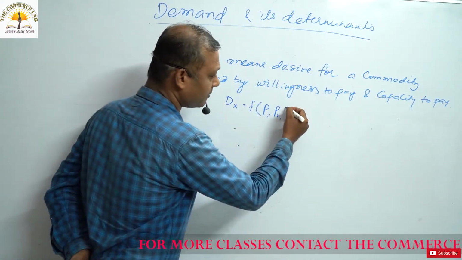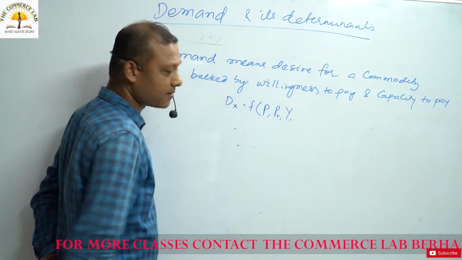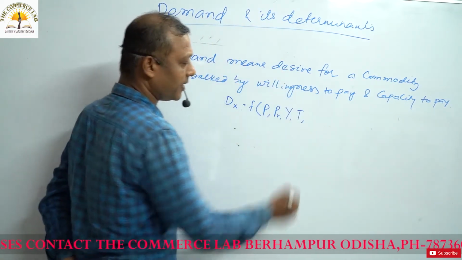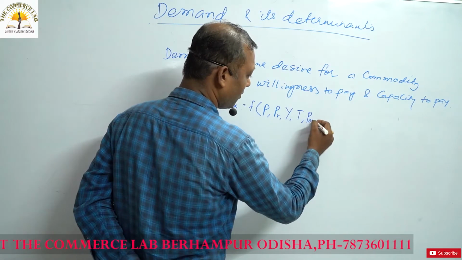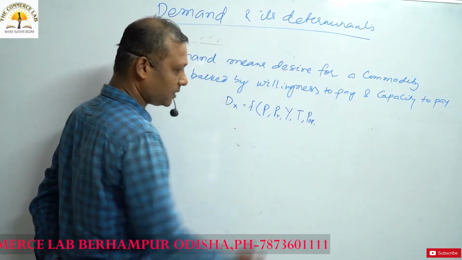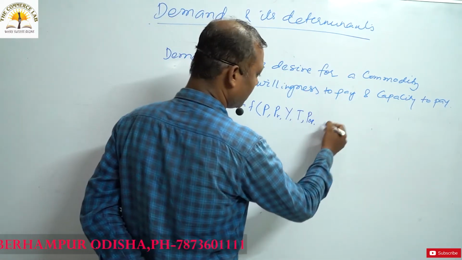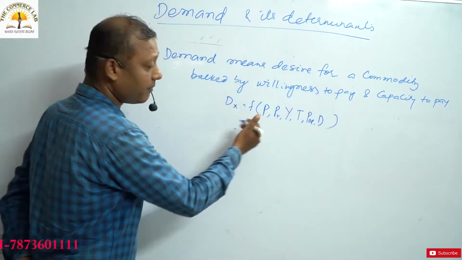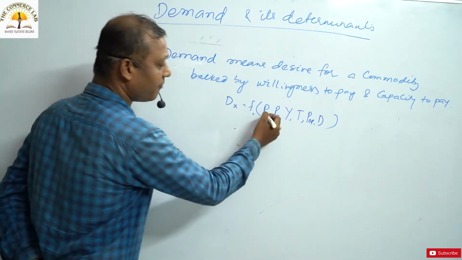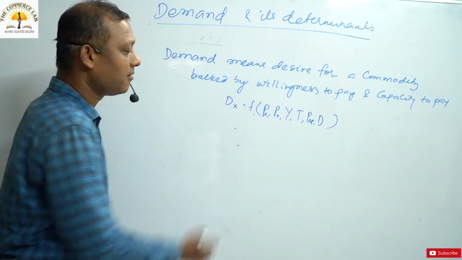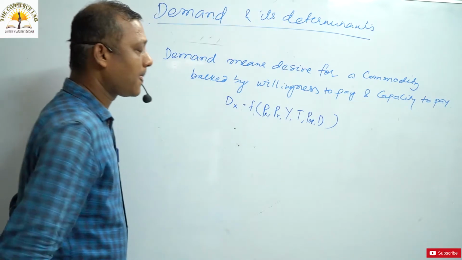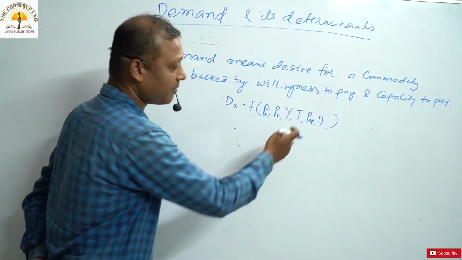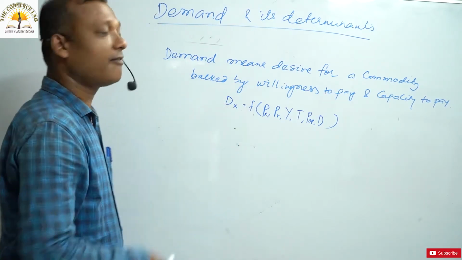We can also write income of the persons, taste and preference, population, and demonstration effect. So demand of a commodity is a function of price of X, price of related commodity, income, taste and preference, population, demonstration effect, and some other factors.